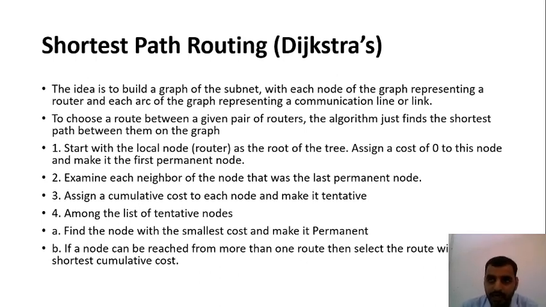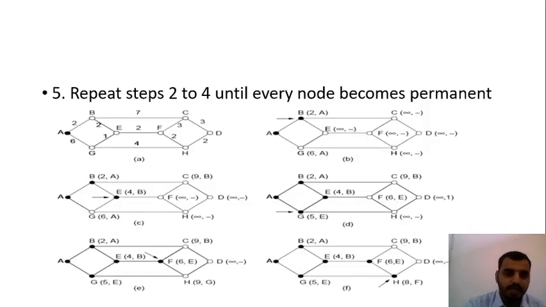So you set it as 0 and make it the first permanent node. See how it goes on from A: make this the first permanent node and say the cost is 0.